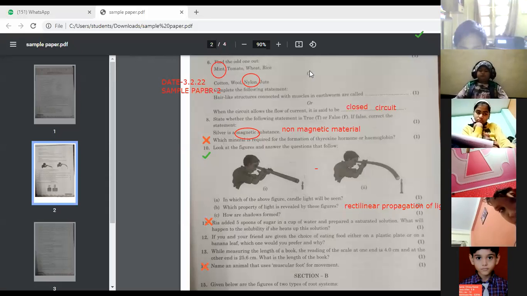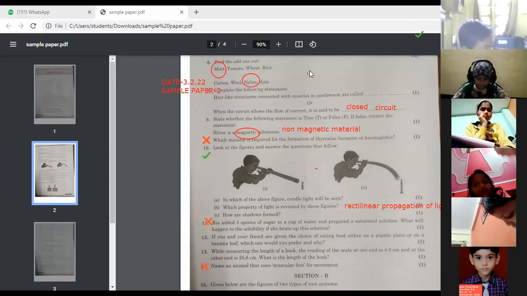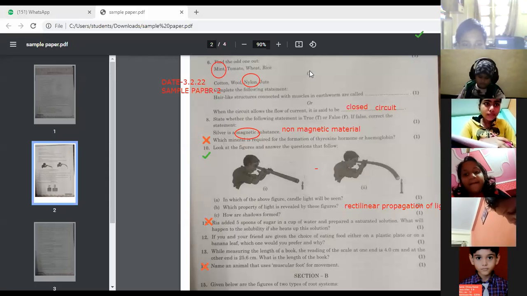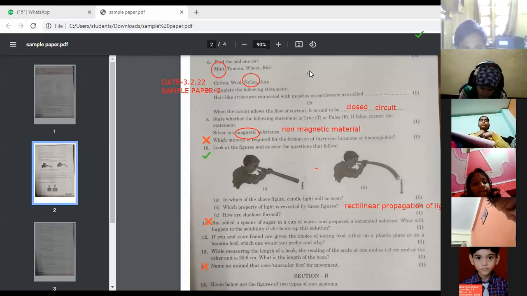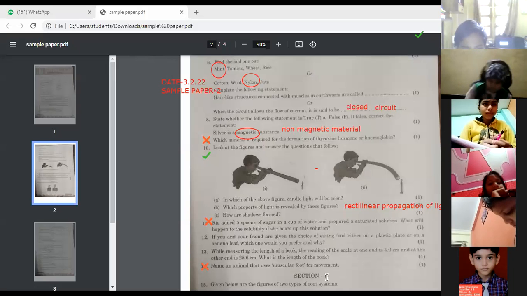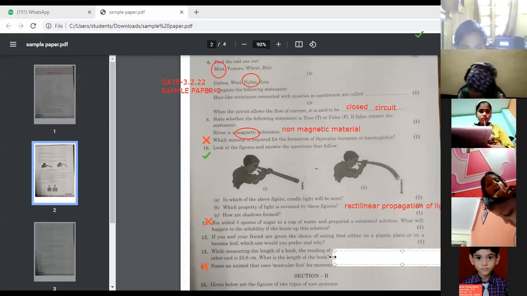Ma'am, it is written that one end of the book is at 4 centimeter and the second end is at 25.6 centimeter. So, ma'am, it means that they have not started from zero.